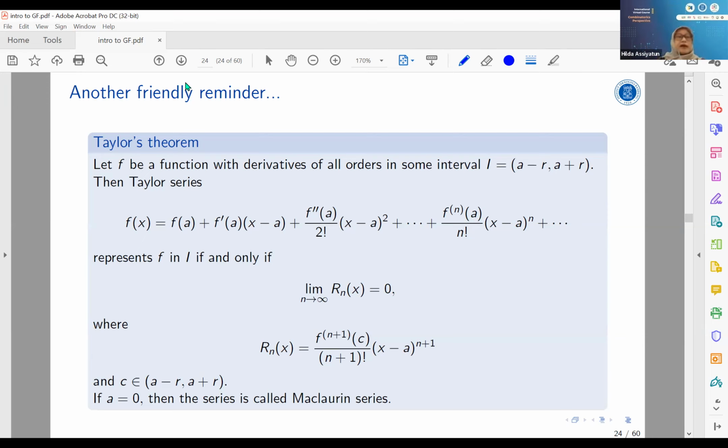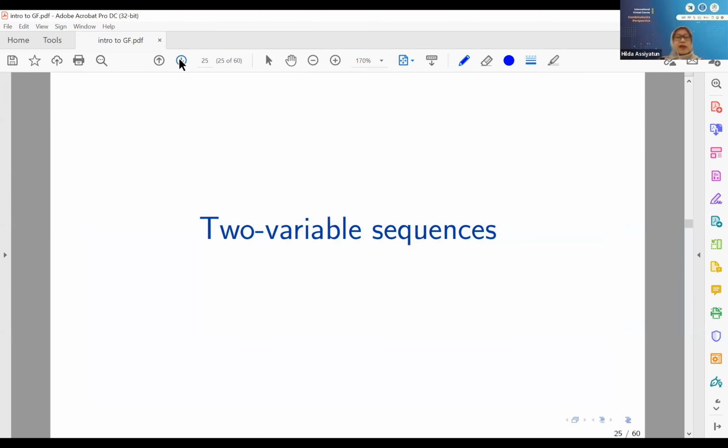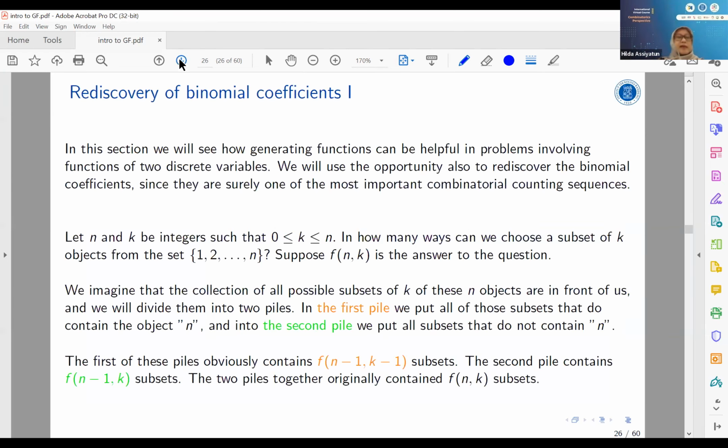Now let's see the 2 variable sequences. For the first example here, we will rediscover the binomial coefficients.